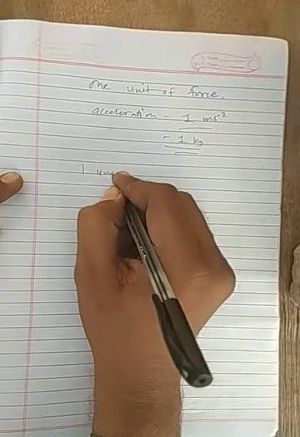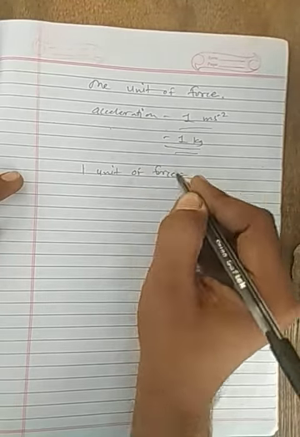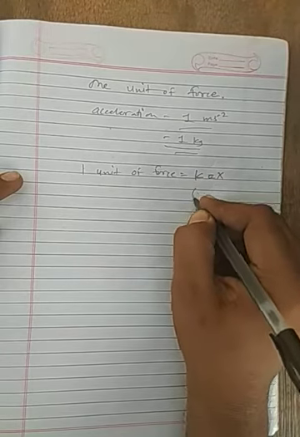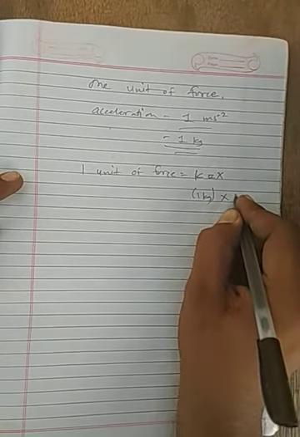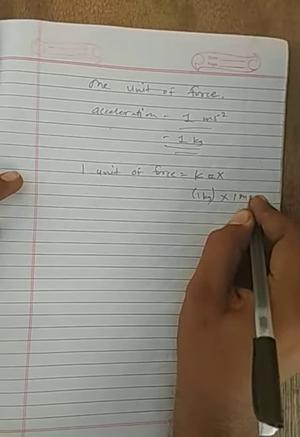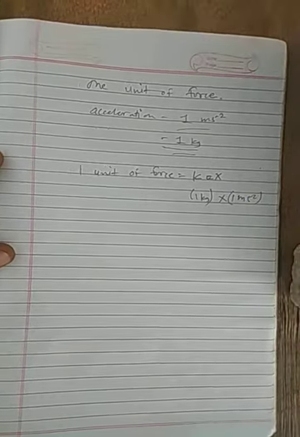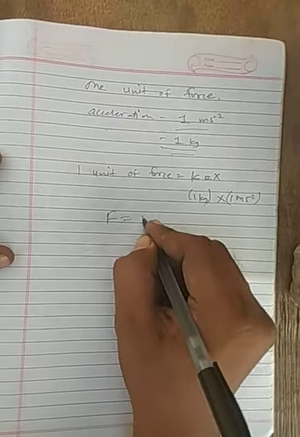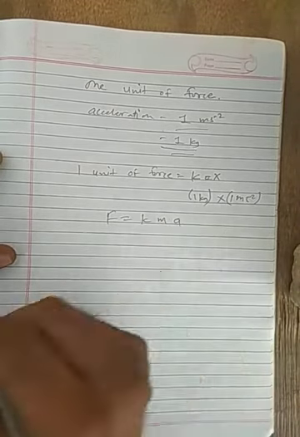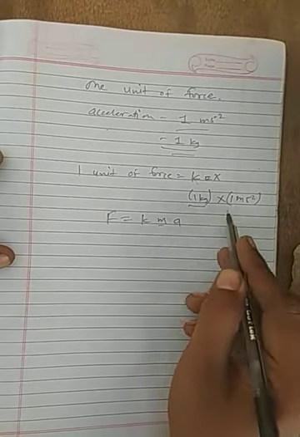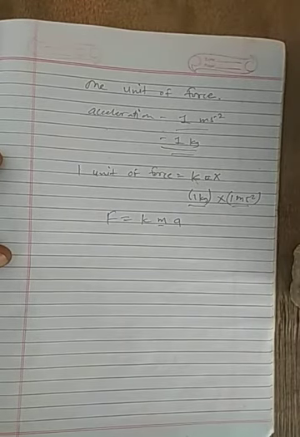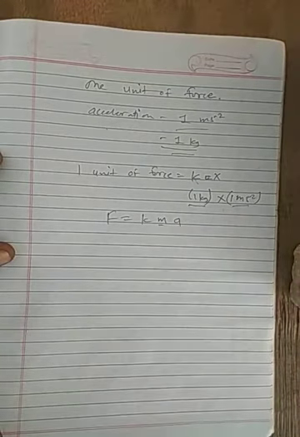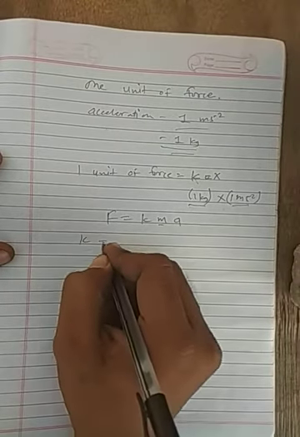If we write it, 1 unit of force is equal to the constant k into 1 kg, that is mass, into 1 meter per second square, that is acceleration. Because we first had that F is equal to constant into mass into acceleration. So this way the value of k becomes 1.